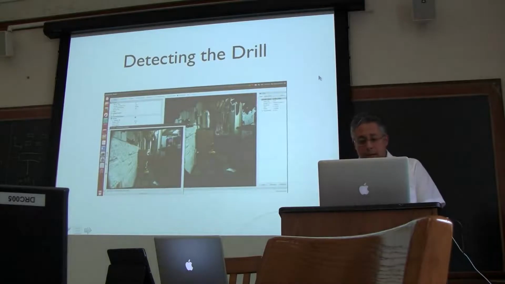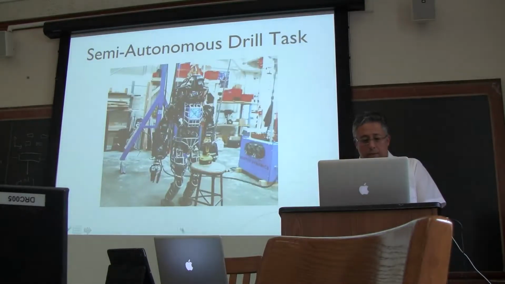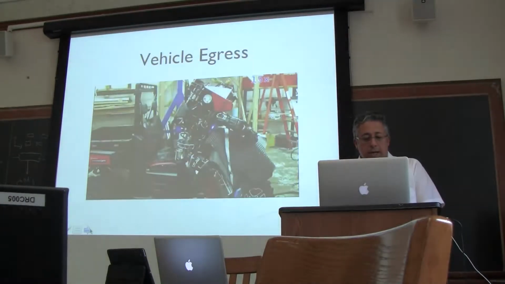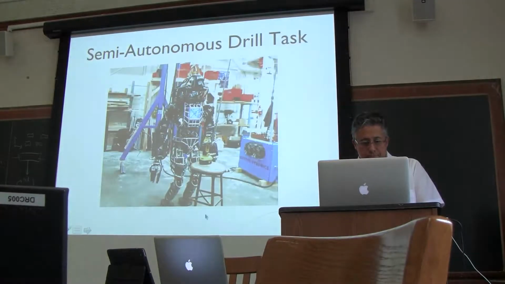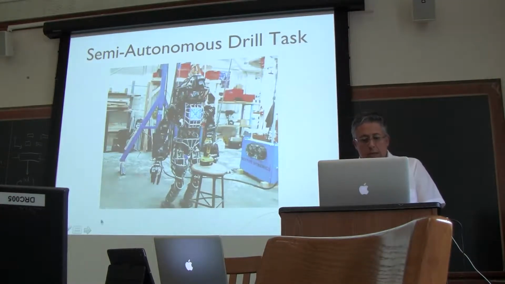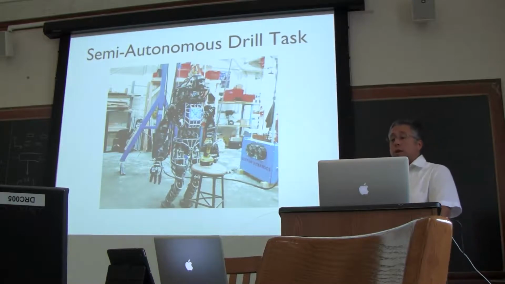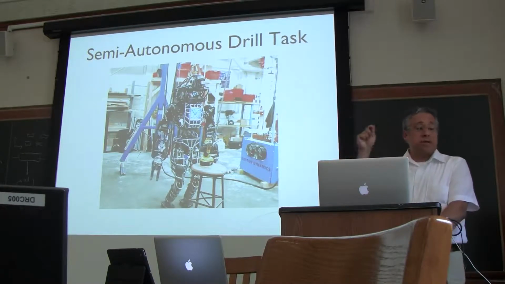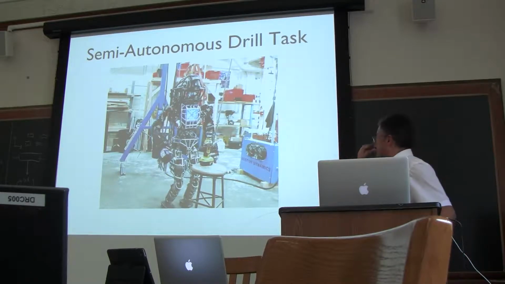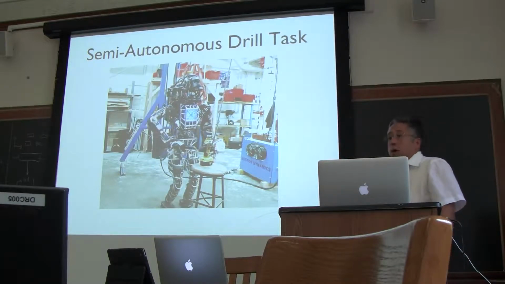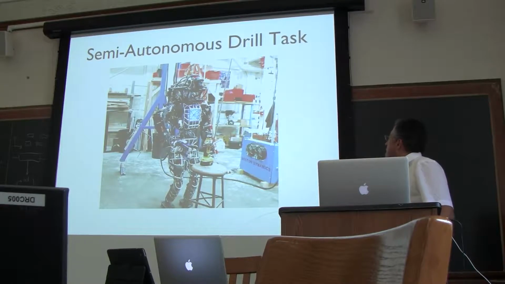We recently did a test of this. This is our robot autonomously picking up the drill, after the operator says, here's the drill, we mark it up, and we want you to pick it up.